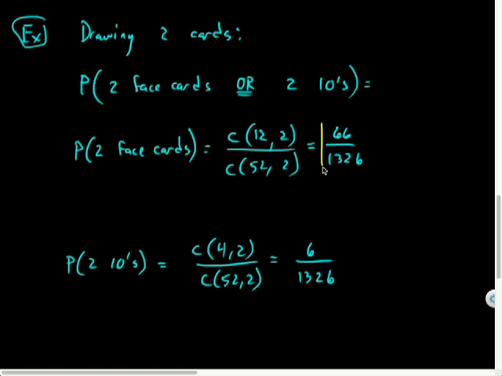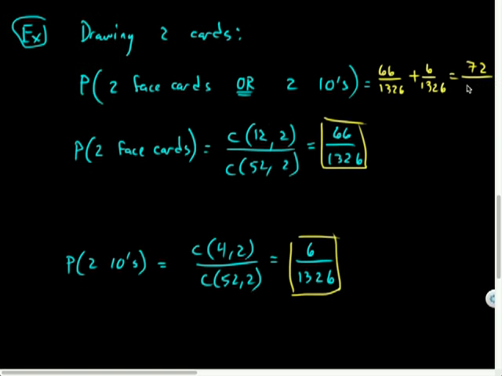So I will just merely take both of these and add them together. So that's going to be 66 over 1326 plus 6 over 1326. So that's 72. And I can reduce that, I believe. Looks even. By the way, this is roughly a 5.4% chance of occurring. That becomes 12 over 221.